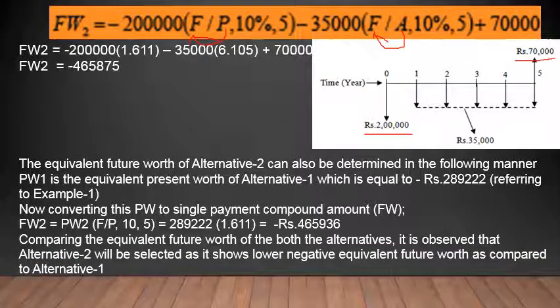So I can see that alternative 2 can be selected because it shows the lesser cost or lesser burden on the investor. So our decision is also not altered.